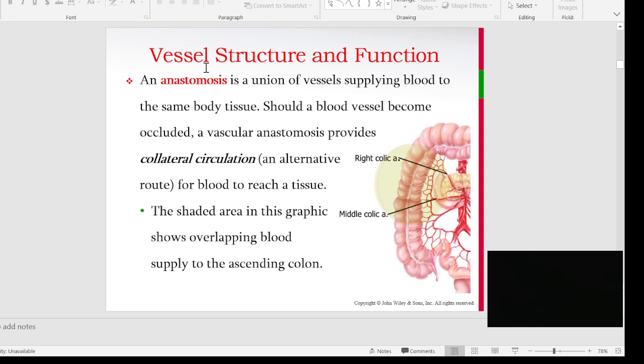Then you have your anastomosis. So anastomosis is a union of vessels which supplies the same tissue.